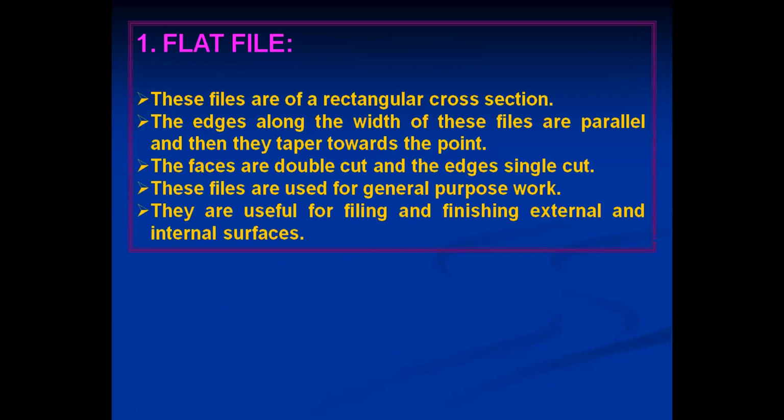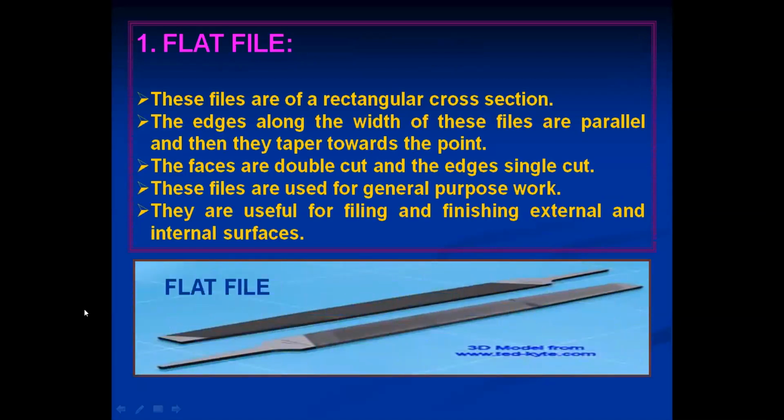Next, what is a flat file? In the cross section, it is a rectangular shape. These files are of a rectangular cross section. If you cut this file, the cross section shows a rectangle. So this is a flat file.